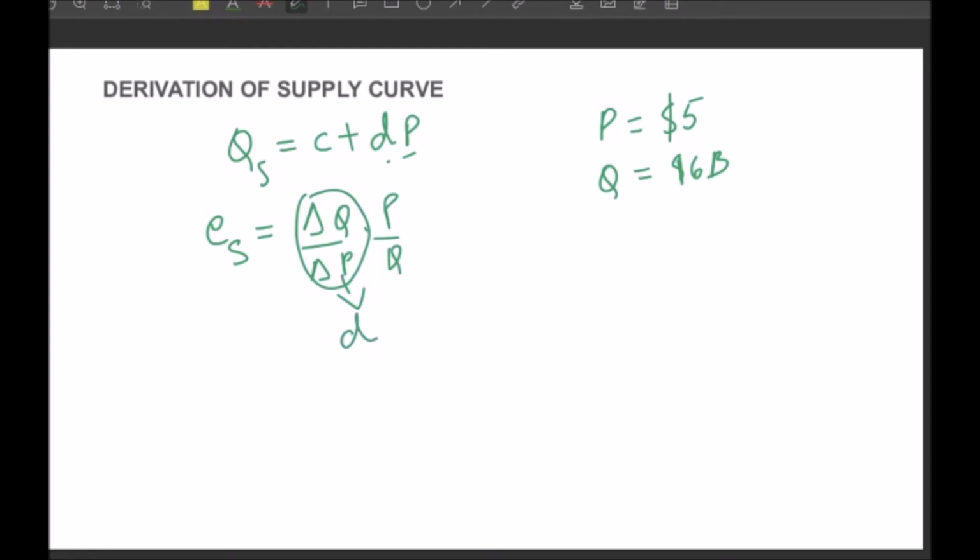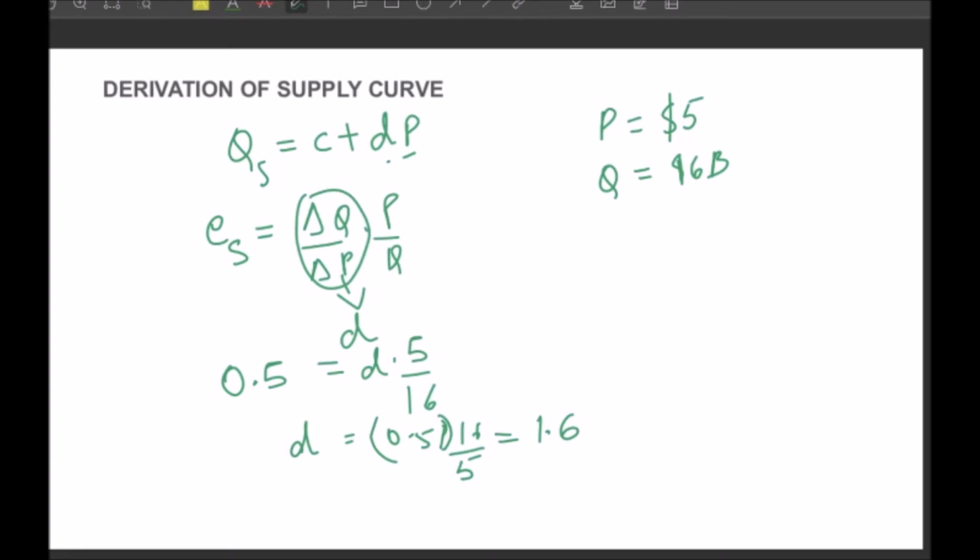Hence, we are given elasticity of supply is 0.5, which is equal to D into P, which is 5, upon quantity, which is 16. Hence D is equal to 0.5 into 16 upon 5, which comes out to be 1.6. Hence the slope of the supply curve is 1.6.